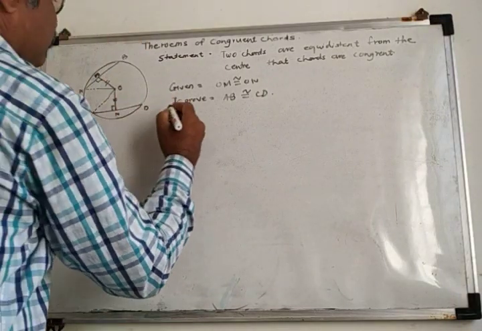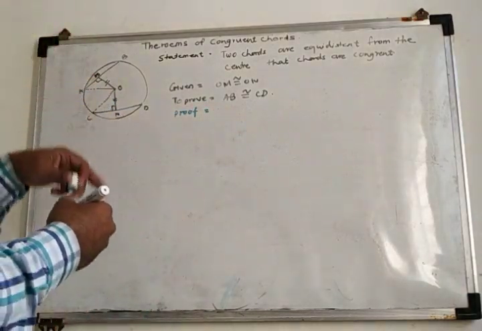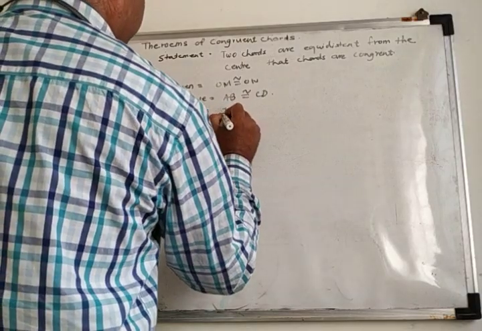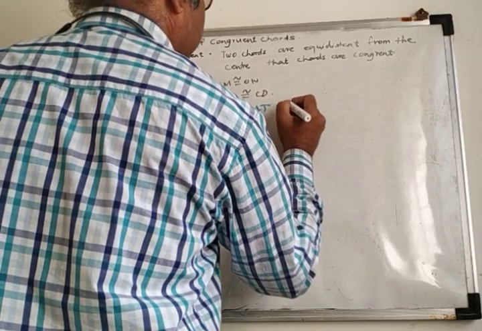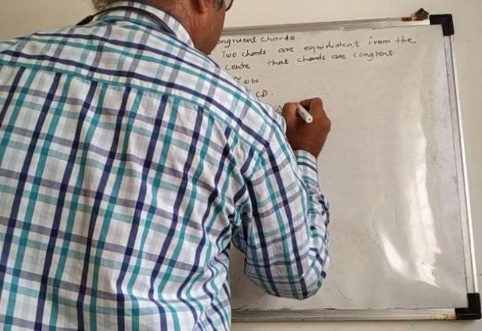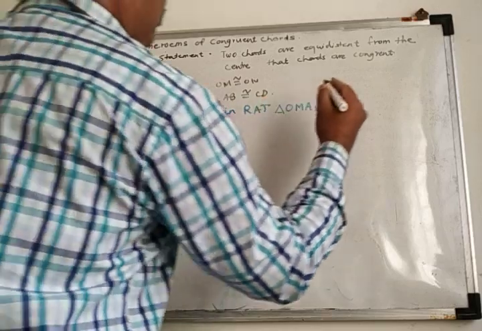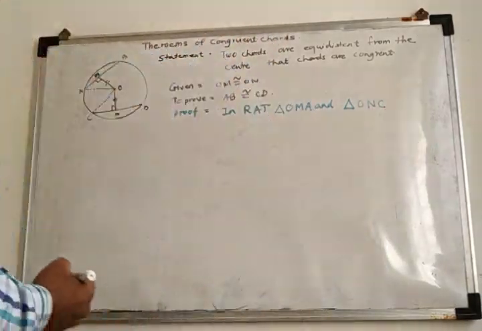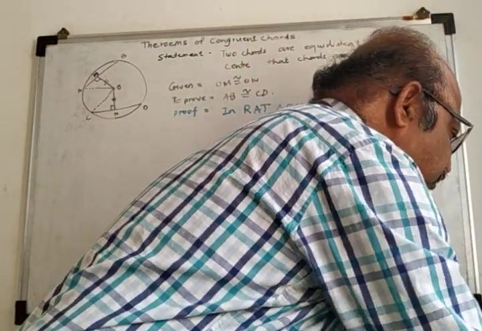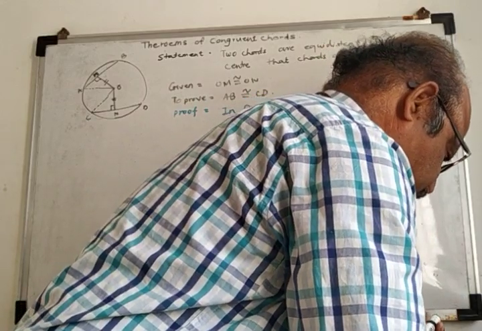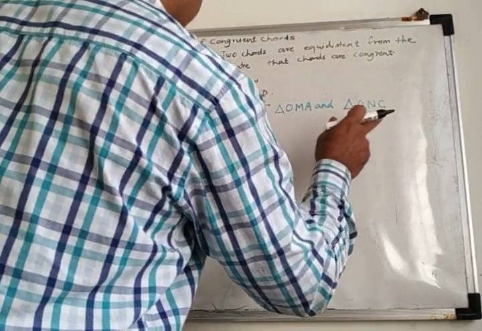Now, what to do in the proof? In the right angle triangles, which are OMA and ONC: in triangle OMA and ONC, what is given? OM is congruent to ON. Then we know that OM and ON are perpendicular, which means angle OMA is congruent to angle ONC, equal to 90 degrees.